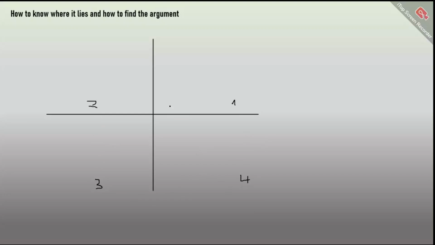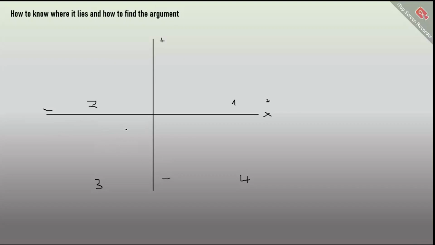Now, you're supposed to know where the complex number is going to be. We know that in the first quadrant, x is positive and y is also positive. In the second one, x is negative, the real part is negative, and the imaginary part is positive.